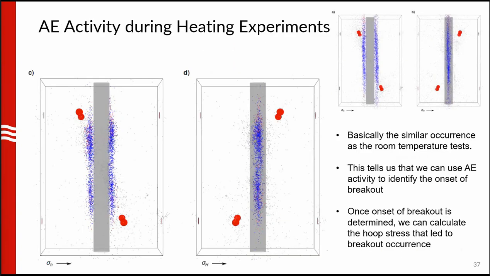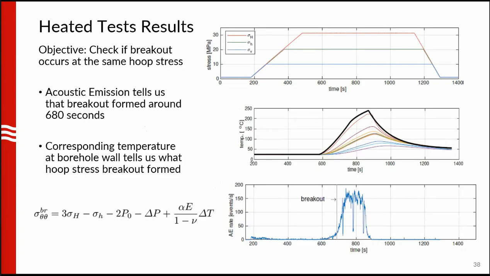Again, the distribution of acoustic emissions are expected. I'll skip this because this is just the same. In this case, we don't have a borehole camera because we have the heater in position. So we can't really see when the breakout started to occur. That's why we are testing this acoustic emission monitoring.